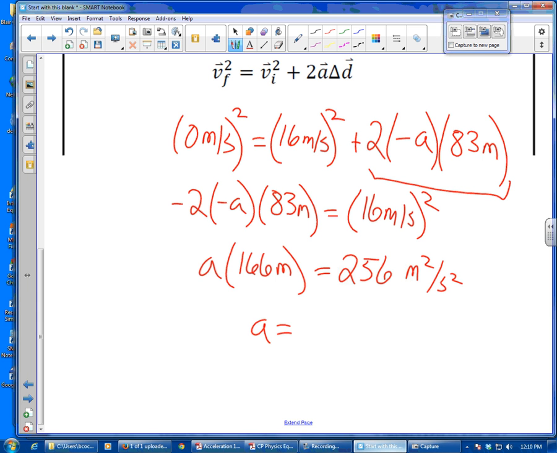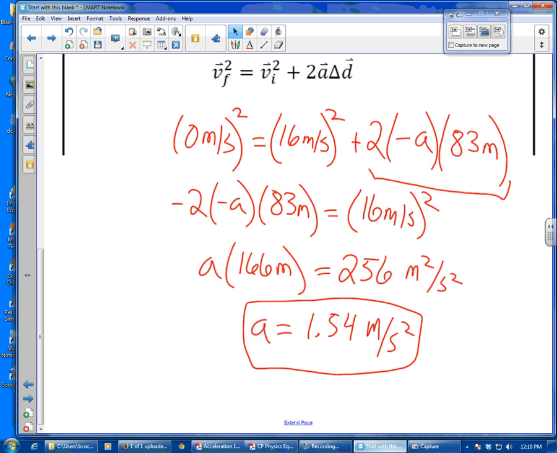And so my a is, let's see, divide that by 166, and I get 1.54 meters per second squared. And that is my answer for this one, as long as I didn't screw up my math, which I didn't. And I know that that's in the opposite direction of the velocity.